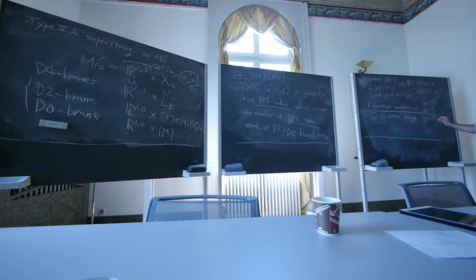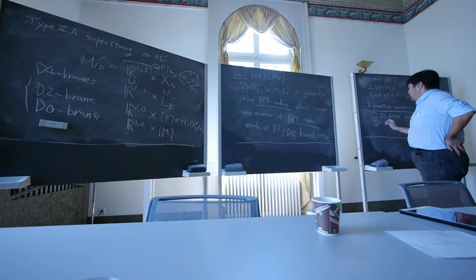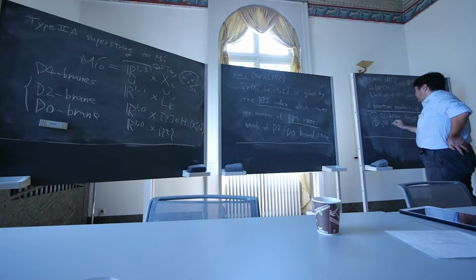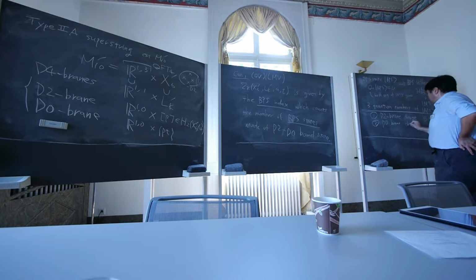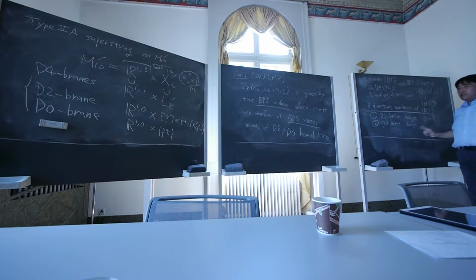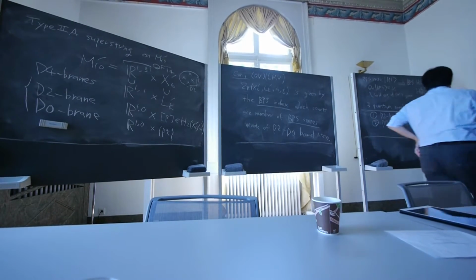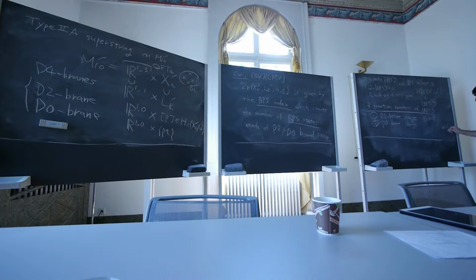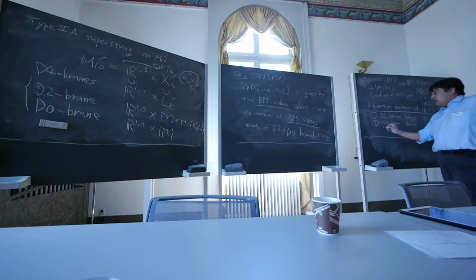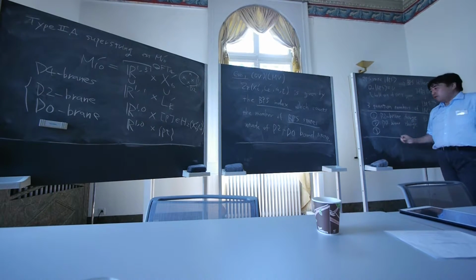And this is an integer. The second one is the so-called D0 brane charge. This could be found by counting the point-like objects inside this Calabi-Yau geometry. So this is only the number of D0 branes, and we label this one as n. The third kind of quantum number is the so-called spin.